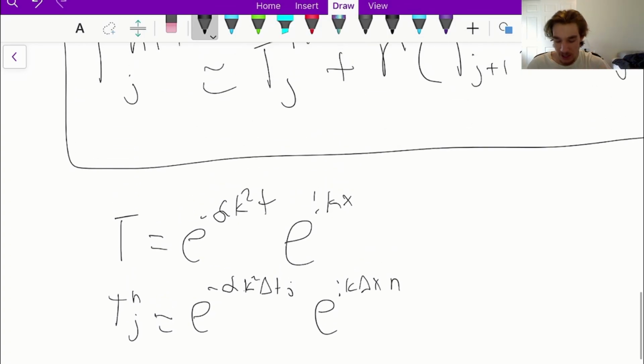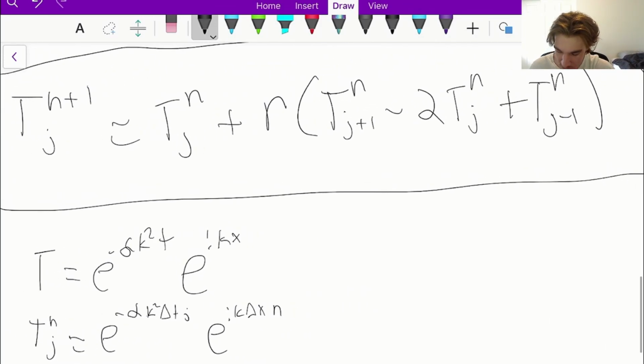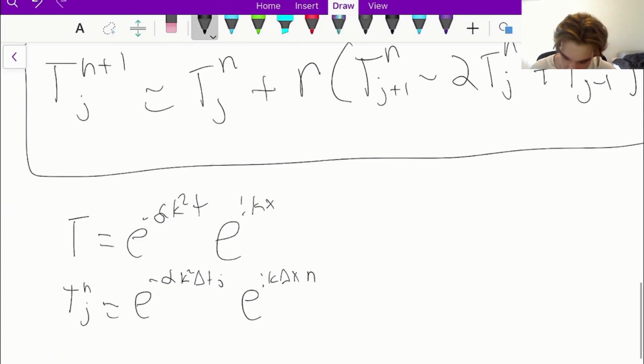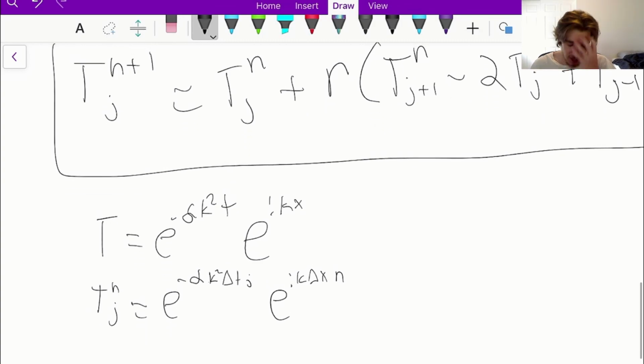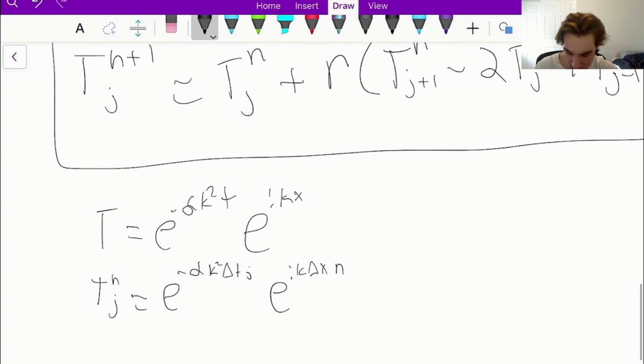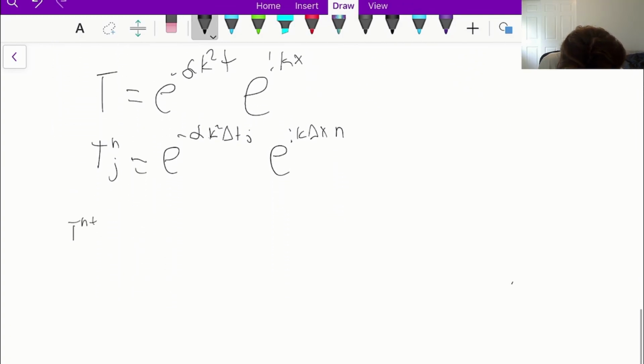So now, using this right here, we can go ahead and simplify by putting these values into our equation right above. So when we're solving for r, our left side, in this case, is not going to matter, but we can go ahead and solve for what it would be anyway. So we get T n plus 1 of j is equal to e to the negative alpha. We're using the left side here because the time is actually changing, right?